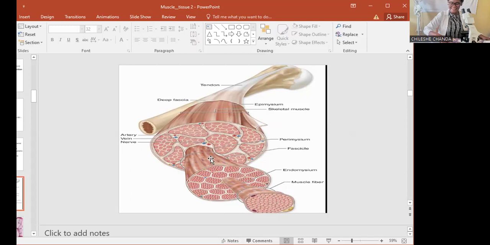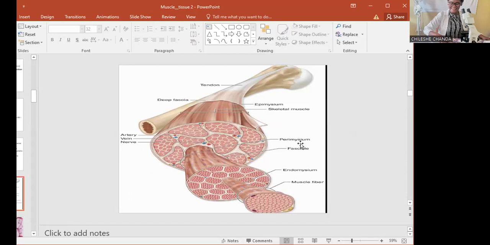This bundle is also surrounded by a layer of connective tissue, and this connective tissue is known as perimysium.